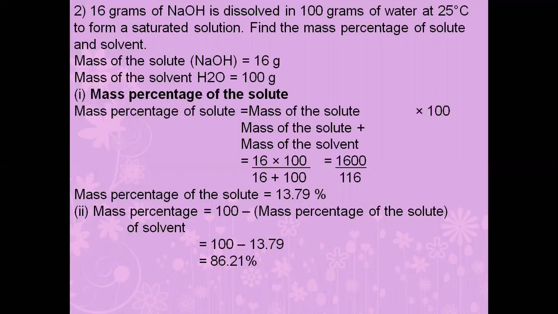So mass percentage of the solvent is 86.21 percentage. So mass percentage of the solute equals 13.79 percentage and mass percentage of the solvent is 86.21 percentage. So carefully read the questions.